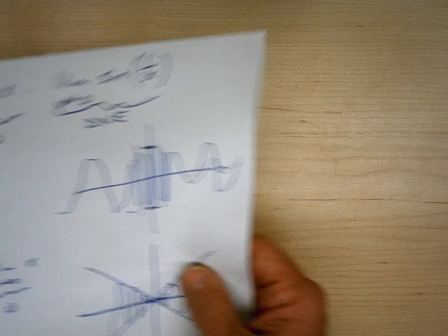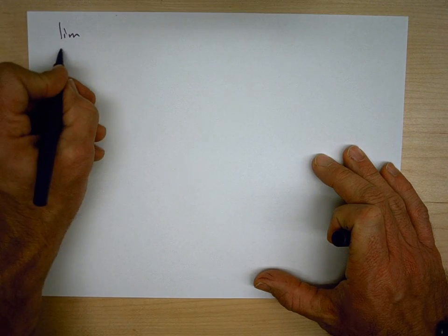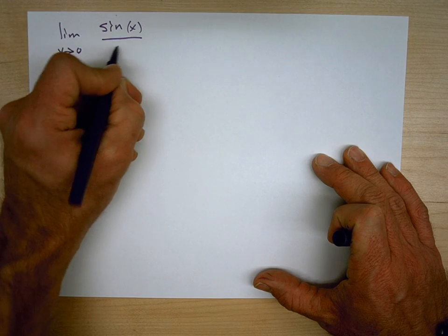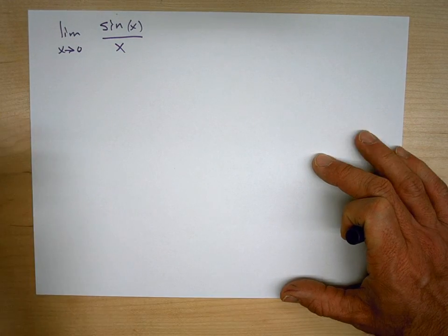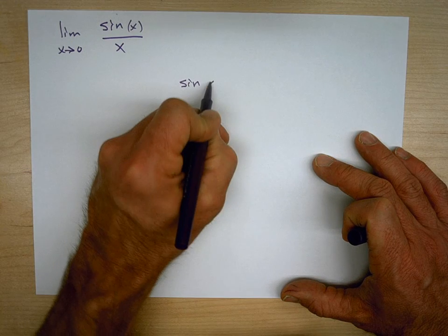So let's apply that. Get a little piece of paper here. Let's take a look at the one that we started with. The limit as x goes to 0 of sine of x over x. And the trick here is to get some bounds on sine of x over x.